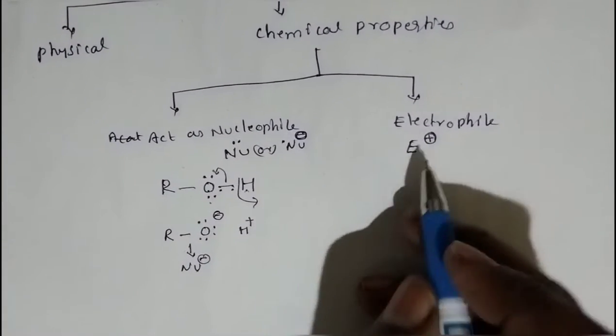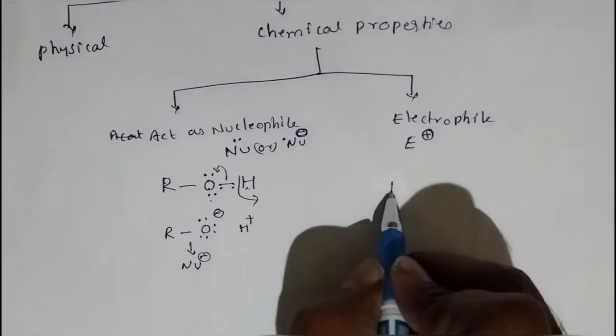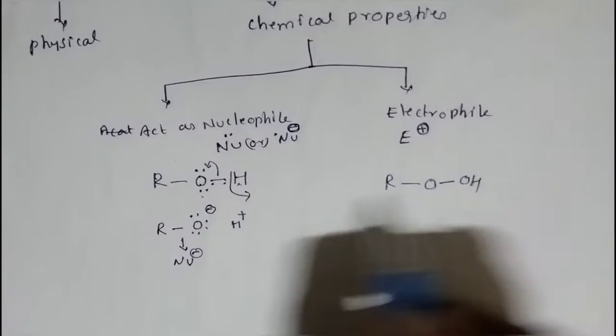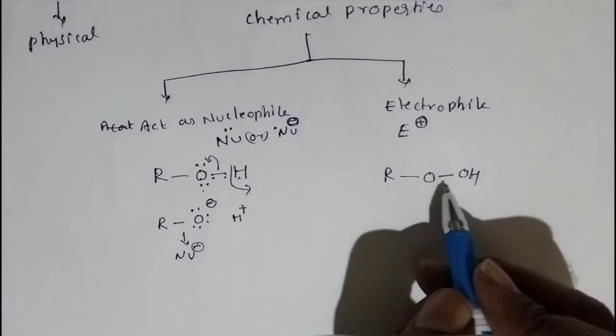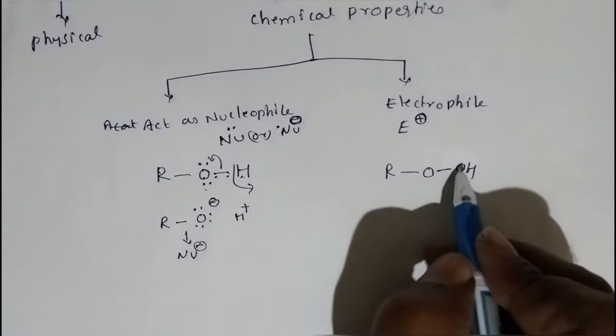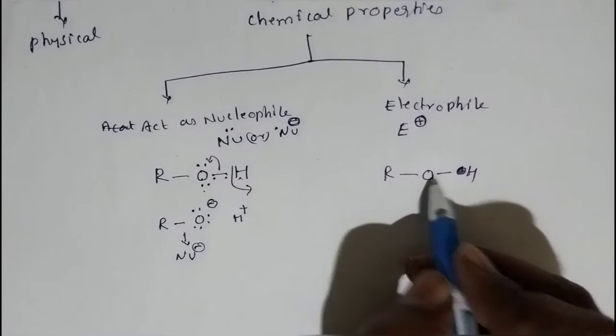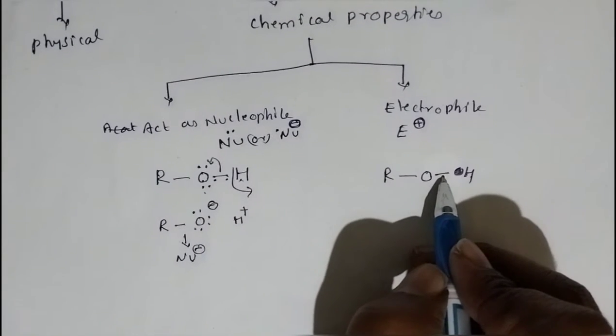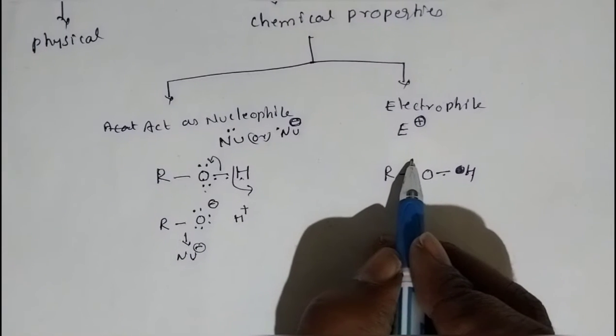Next, how does it act as an electrophile here? So how will it take place? In nucleophile, we have seen breaking the bond between oxygen and hydrogen. So one bond has broken, and that forms nucleophile. But here, this bond is going to break.